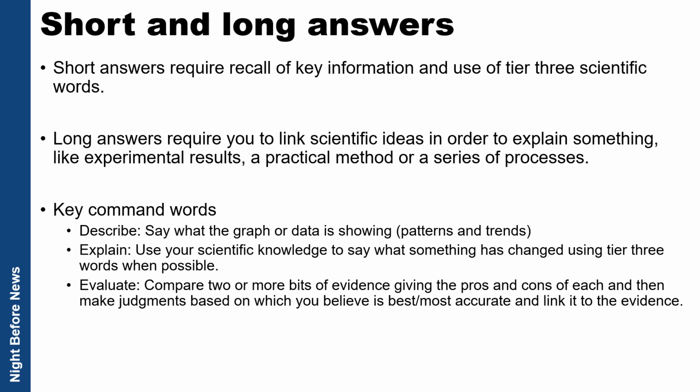So if you have a gas being produced, so if you took magnesium ribbon and acid and you got hydrogen gas produced, you could use an experiment to collect the gas being produced in a syringe or a measuring cylinder and record the volume of gas that was being produced every 10 seconds or 20 seconds, and then use that to plot a graph to calculate the rate at which the reaction was taking place.